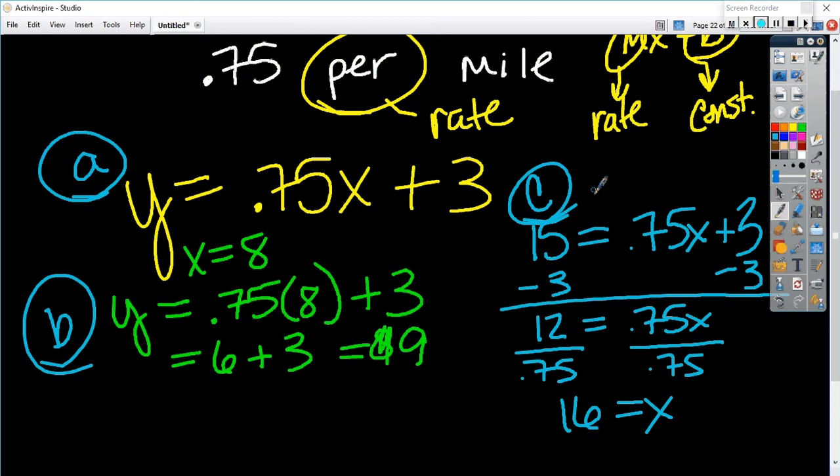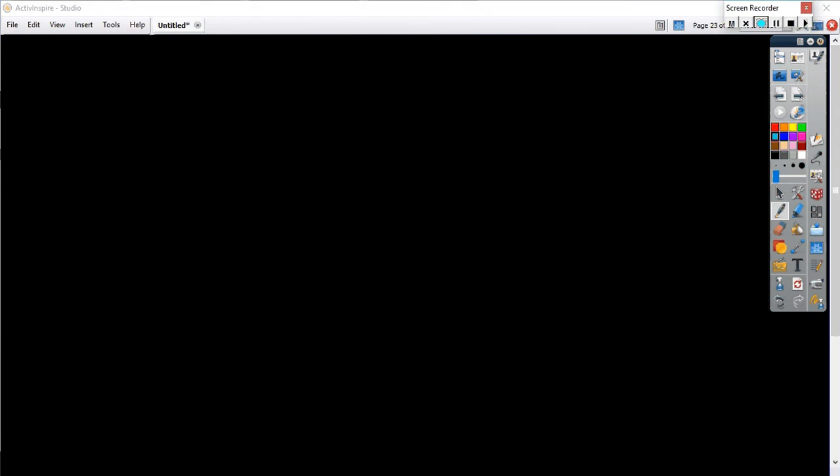Let's do number 3 together. Number 3 says that there's an airplane that's 30,000 feet above the ground.